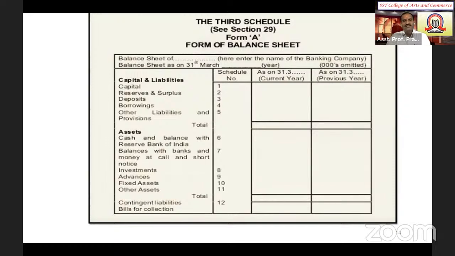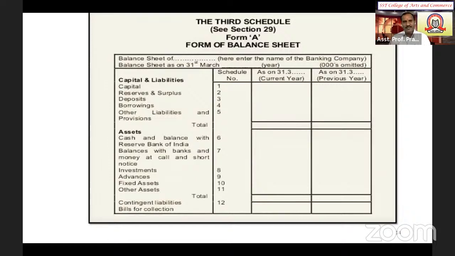There are 12. You must remember all the schedules, because many objective questions will come from this. Sometimes they will ask what is the name of schedule 9 or schedule 3. In the balance sheet, capital and liabilities cover 5 schedules, and assets cover the remaining 7 schedules.